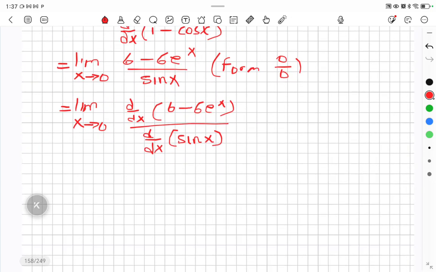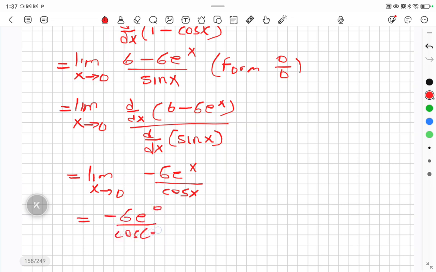Then this will be the limit as x approaches 0 of minus 6e to the x all over cos of x. This will be equal to minus 6 e to the 0 over cos of 0. And this will be minus 6 over 1, and the answer is minus 6.